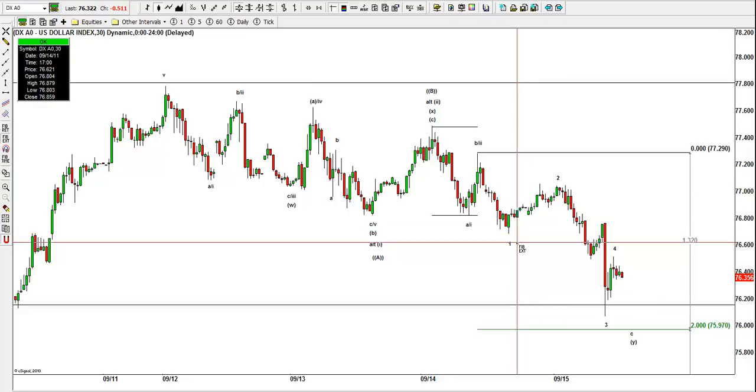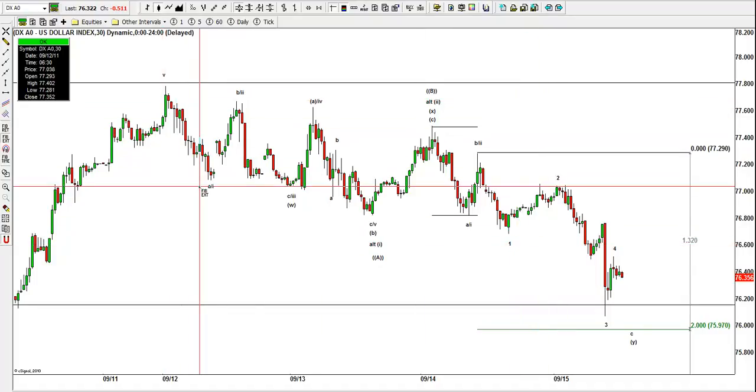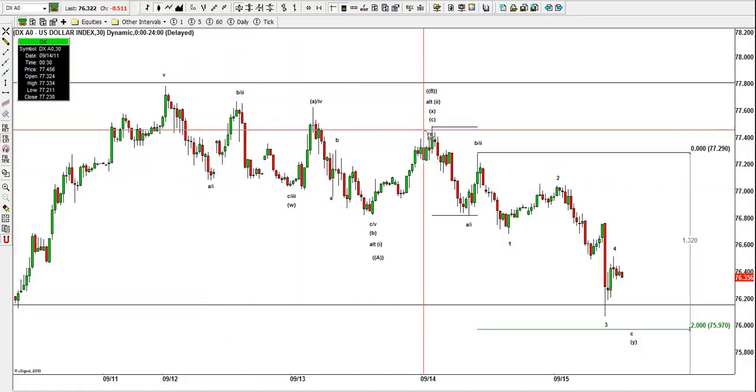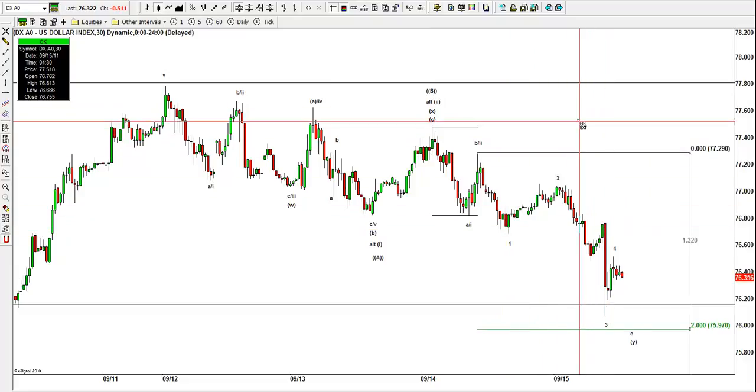Now, last night when we went to bed, right here on this stage, we were thinking 1, 2, 3, possible 4, and a 5 in a leading diagonal. What we were thinking is dollar strength minimum to this area.